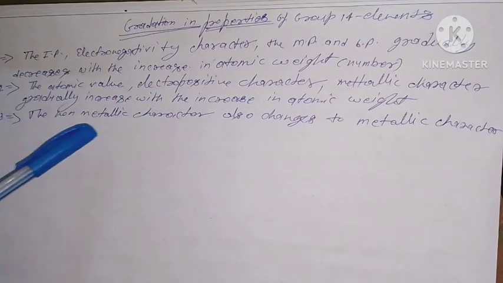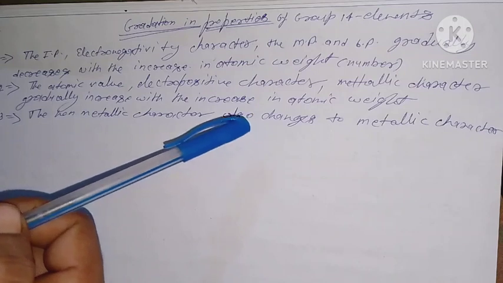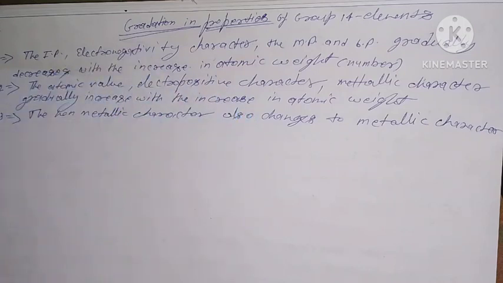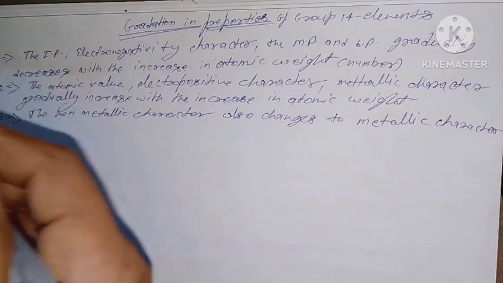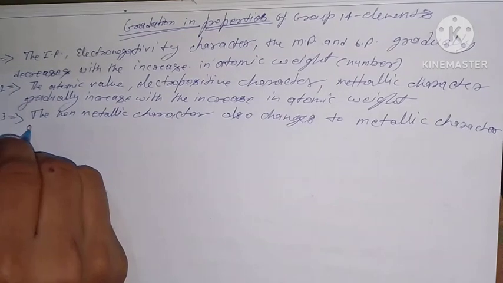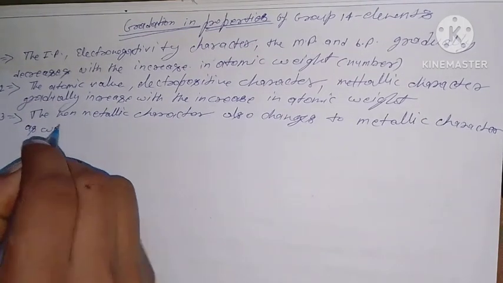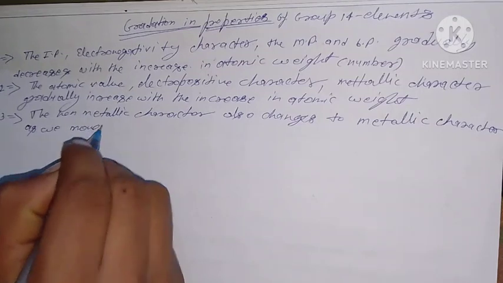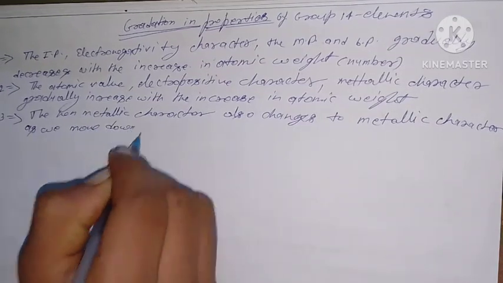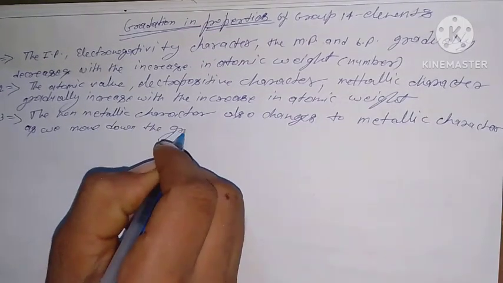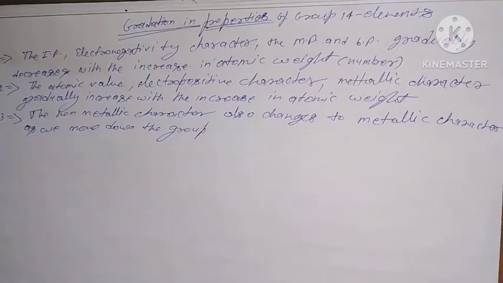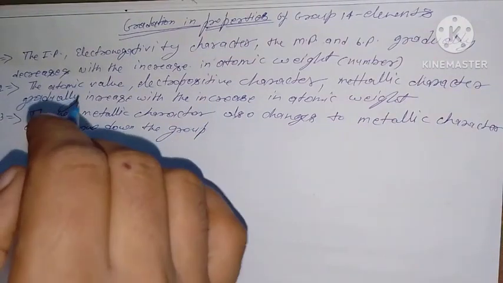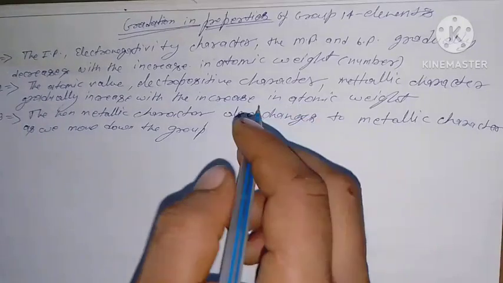The non-metallic character also changes to metallic character as we move down the group. Thus, carbon and silicon are non-metals.